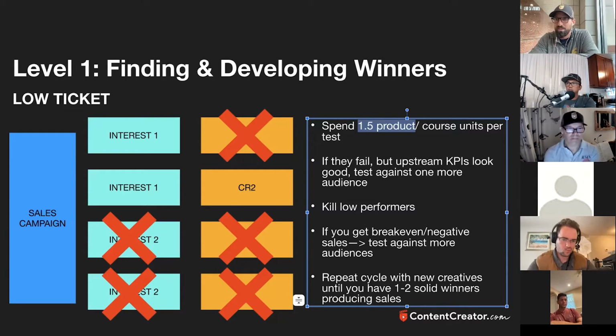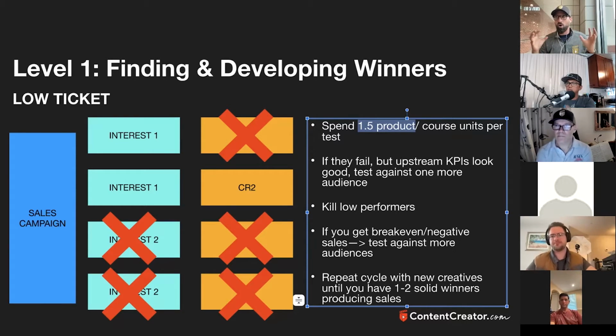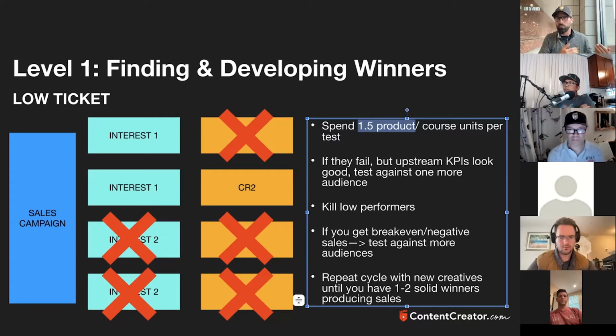However, let me step one back. Guys, you have to keep in mind, these are general rules for Facebook. There's no Facebook Bible that says you need to do things this way, right? So when I say spend 1.5 product units, and if it doesn't work, kill it, right?